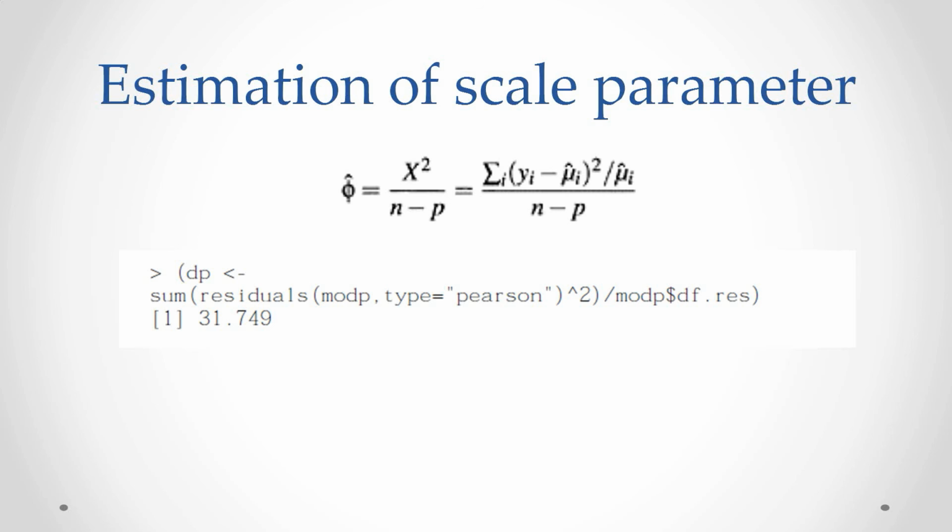So we construct this using dp as sum of residuals of mod P, type equal to Pearson, squared, divided by mod P dollar df dot residual. This gives us a scale parameter of 31.74 as opposed to the standard assumption that the scale parameter for the Poisson distribution is 1.